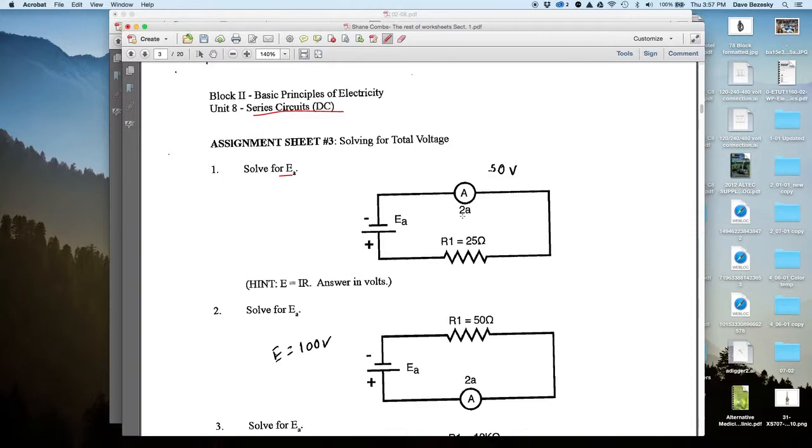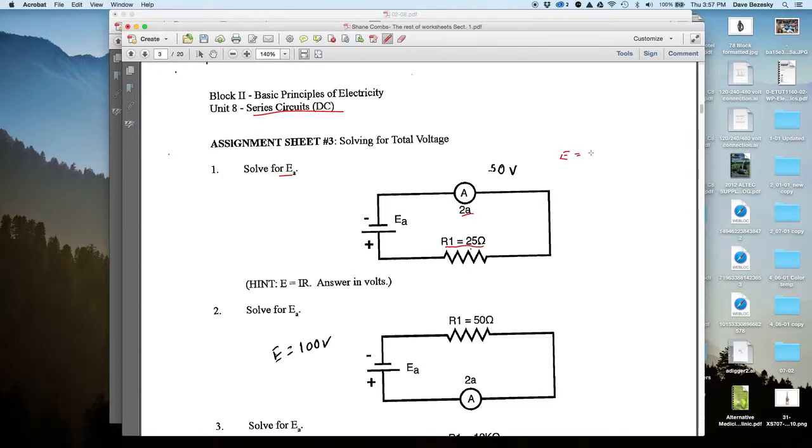We're given 2 bits of information here. This ammeter is telling us we have 2 amps flowing in the circuit, and this label on the resistor is telling us that we've got 20 ohms of resistance. So we can use what we learned about Ohm's law.